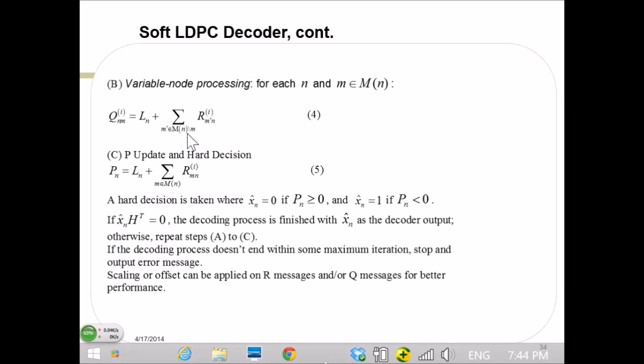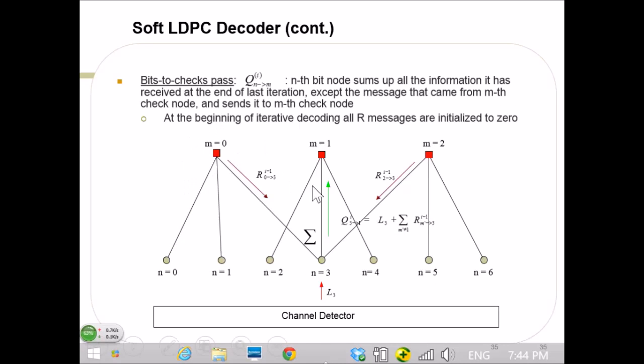So if this bit is sending the information to this check, I'm going to discount whatever information I received from that. Essentially, we're discounting that intrinsic information. We take only the other information that is coming in. Similarly, when I want to send the information to this check, I'm going to discount this information, R2 to 3, but I'm going to consider R0 to 3 and the channel information and so on.